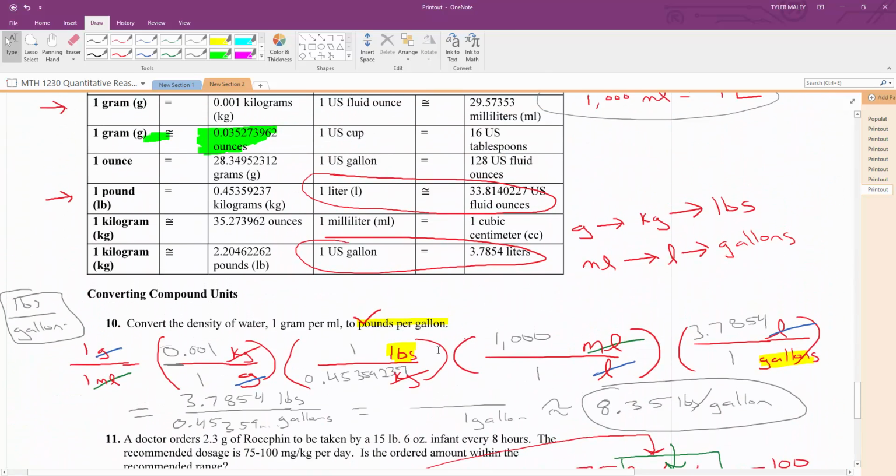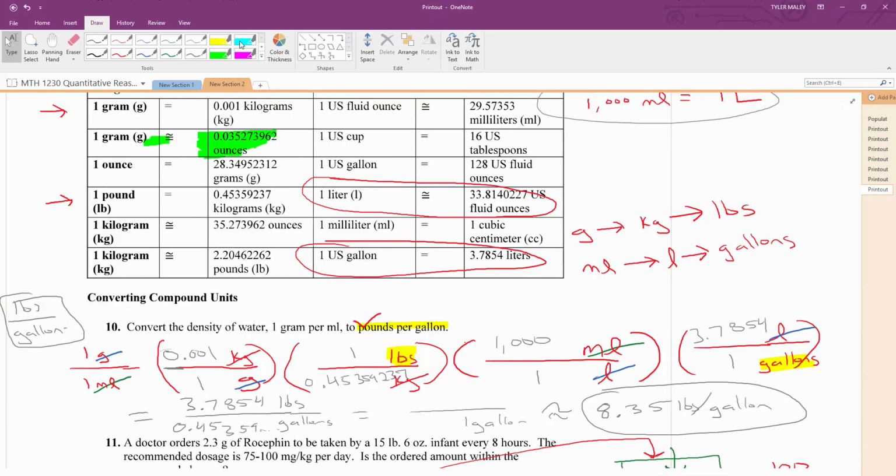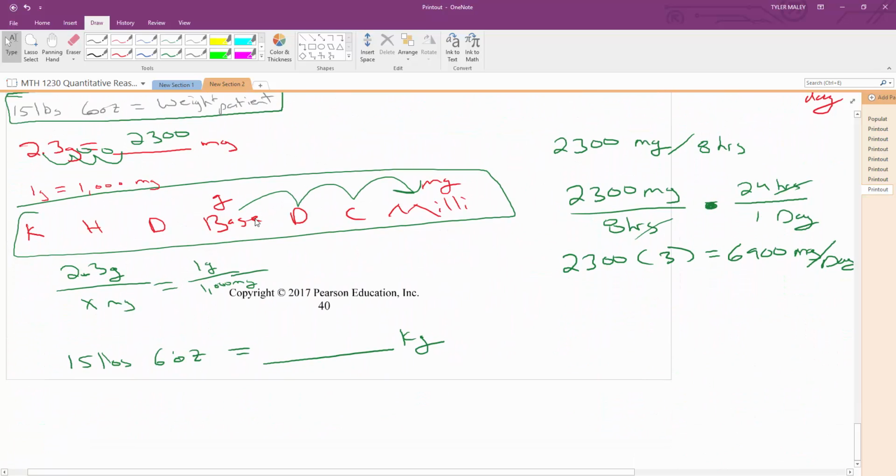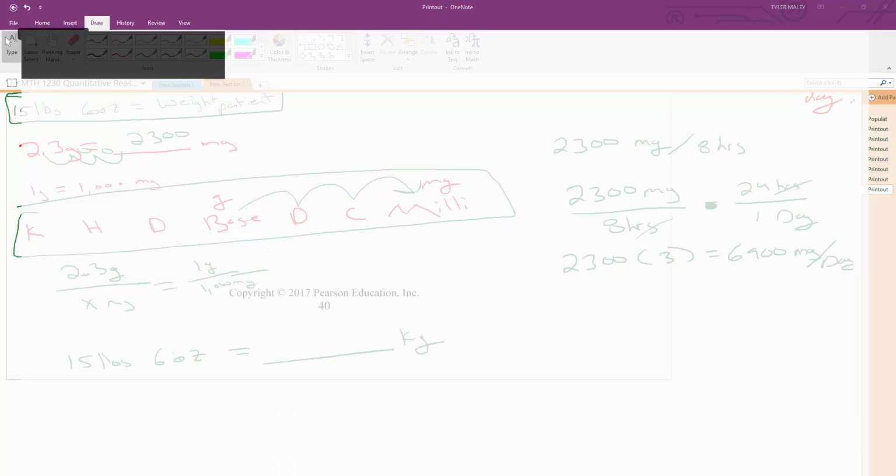If I come up to the chart here, I'll highlight this in blue. We have this connection, so I want to save it in order to convert. I need to have everything in terms of pounds. Let's say, I don't know how many ounces are in a pound.